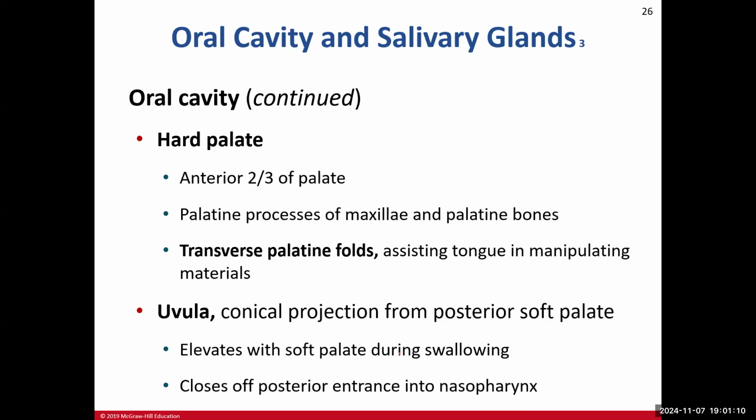I already talked about the hard palate, but one of the things that you'll notice, and you can go ahead, no one's going to know if you're doing it, and I guarantee you most of you will do it, is just run your tongue along the roof of your mouth, and you'll feel these ridges up there. Those are called the transverse palatine folds. Their purpose is, when you're manipulating food with your tongue, it allows your tongue to move food against the roof of your mouth, and it helps to hold it there.